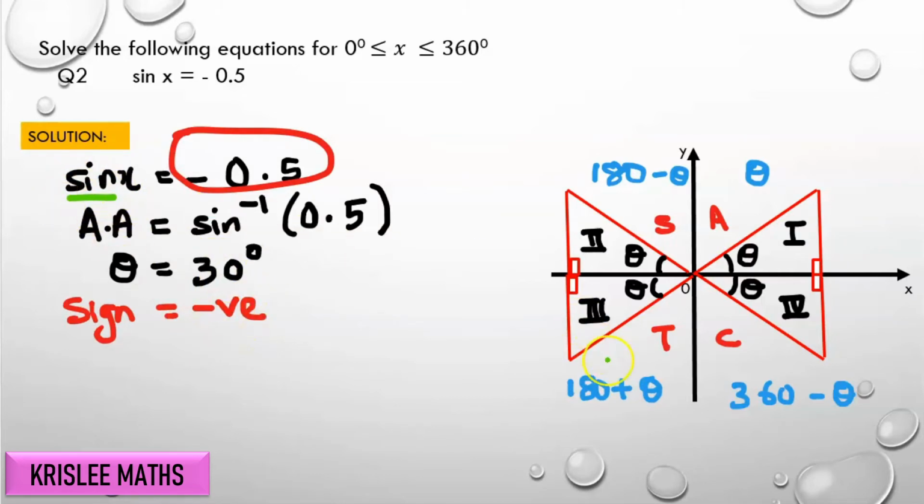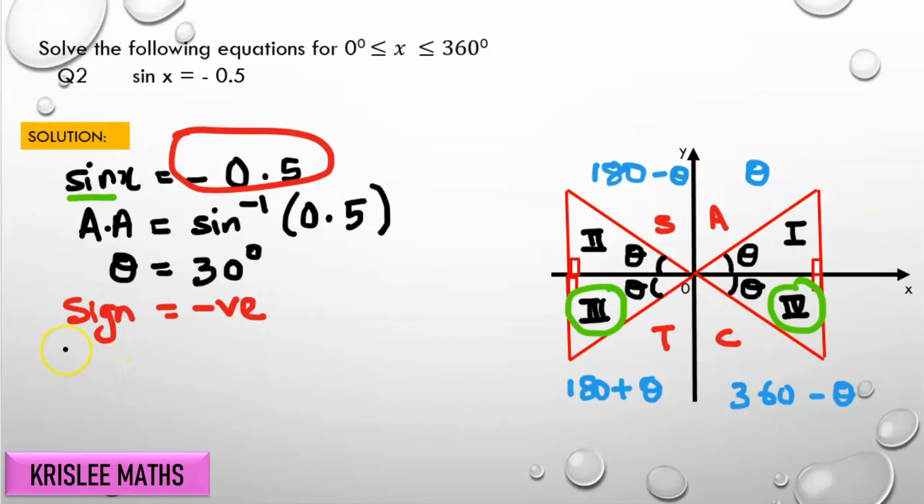So sine negative will be in the third quadrant and fourth quadrant. Remember, in the first quadrant all are positive, in the second quadrant only sine is positive. But here we want the function sine to be negative. Therefore it is in the third quadrant and fourth quadrant.